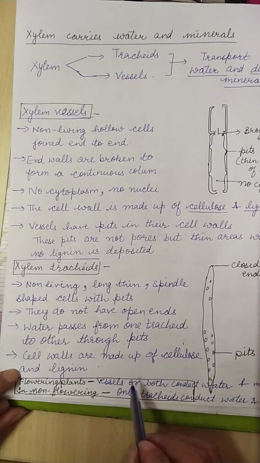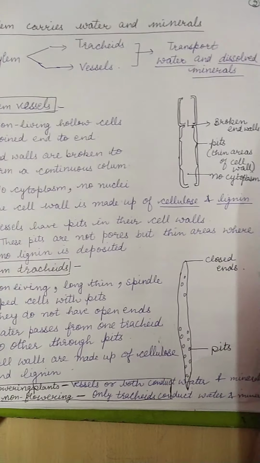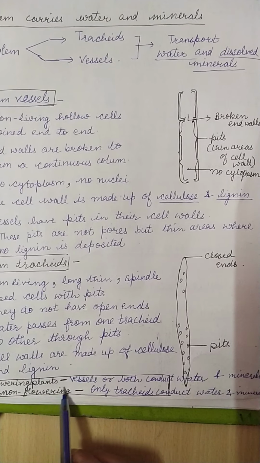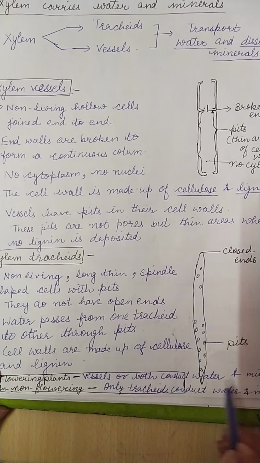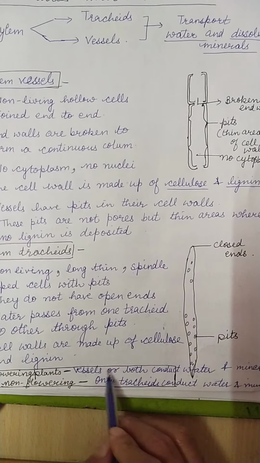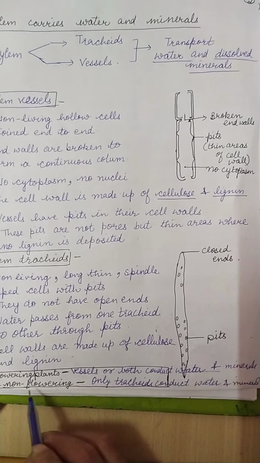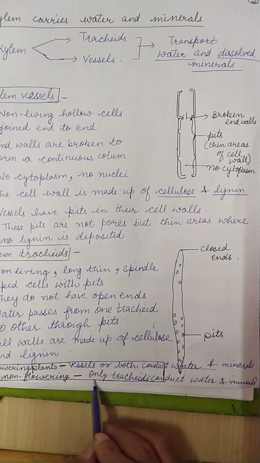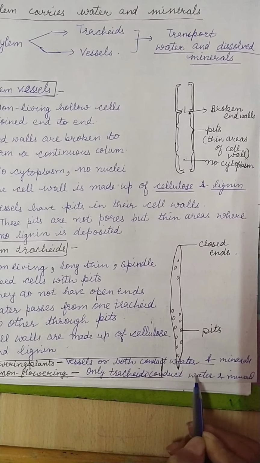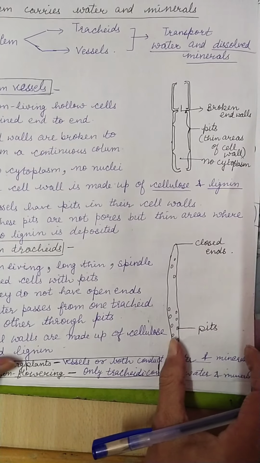Here, bacha, you need to remember one thing. In flowering plants, that is in angiosperms, either vessels or both of them together conduct water and minerals, but in non-flowering plants, only tracheids are responsible for conduction of water and minerals.